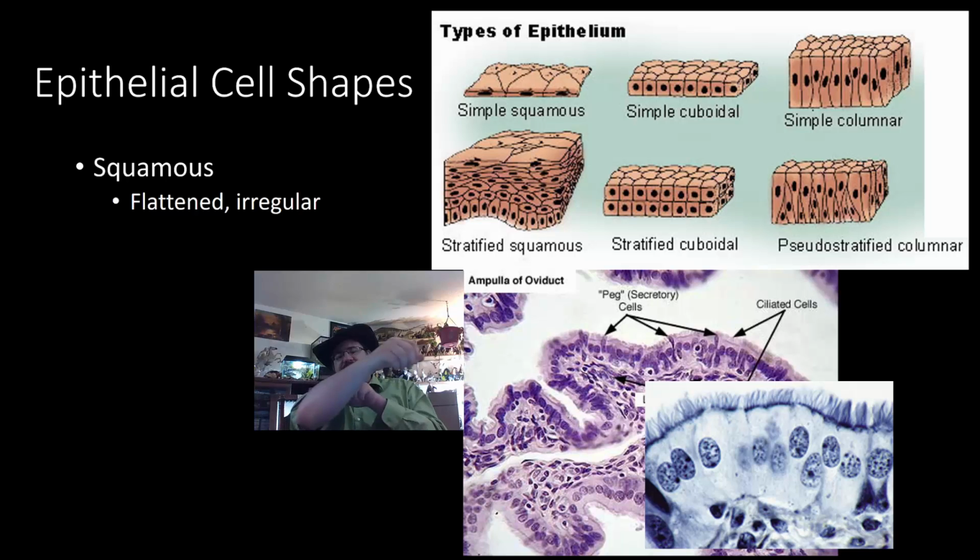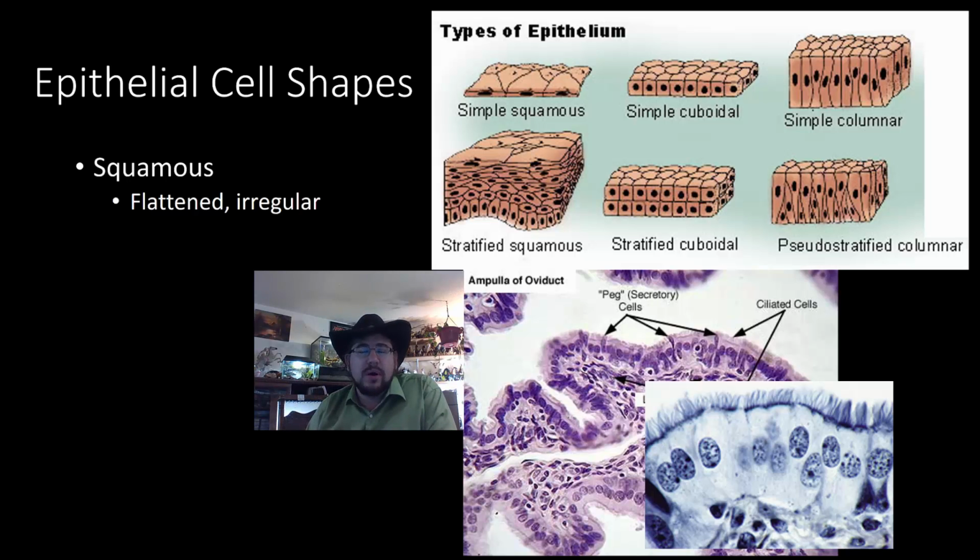So the cells on the outer layer of your skin are squamous epithelium. The cells inside your cheek, the lining of your cheeks here, that is squamous epithelium. And again, it can be simple, one layer, or stratified, multiple layers with a basement membrane.